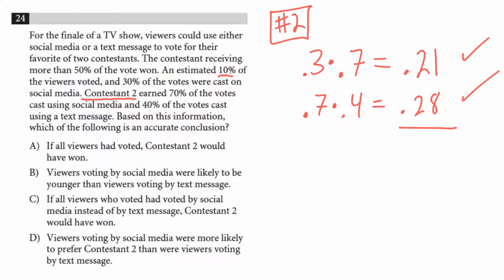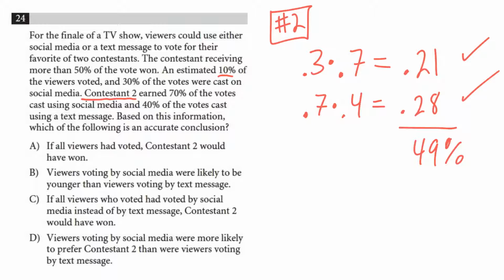So they earned a total of 49% of the vote. So they did not win. So contestant 1 must have won this vote.